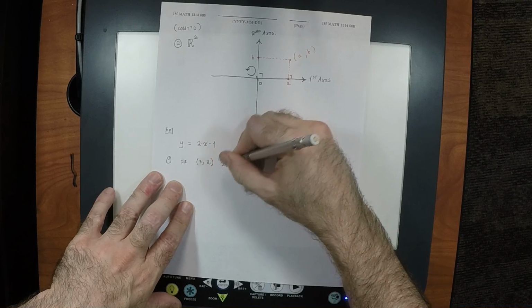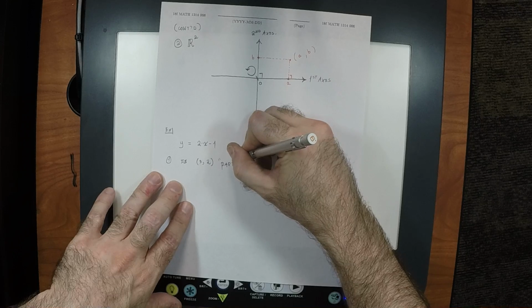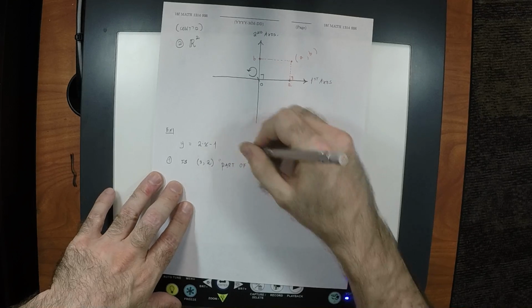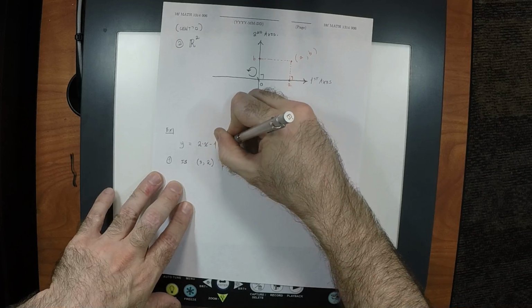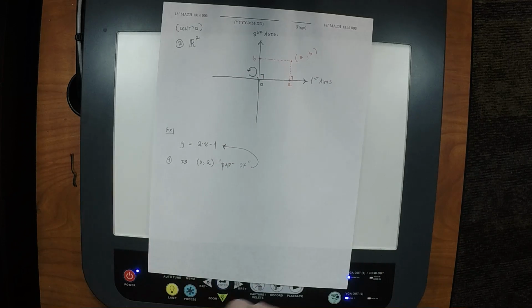And this "part of" is kind of loose. We're going to make this better on Friday. What I mean to say is, could you plug in that point into that equation, and are we going to get a yes?